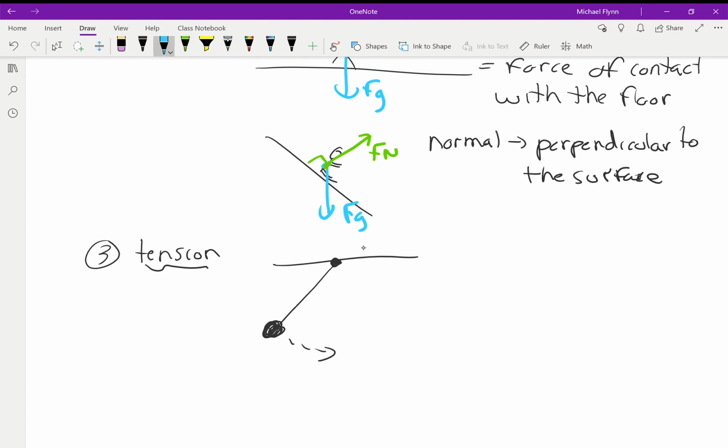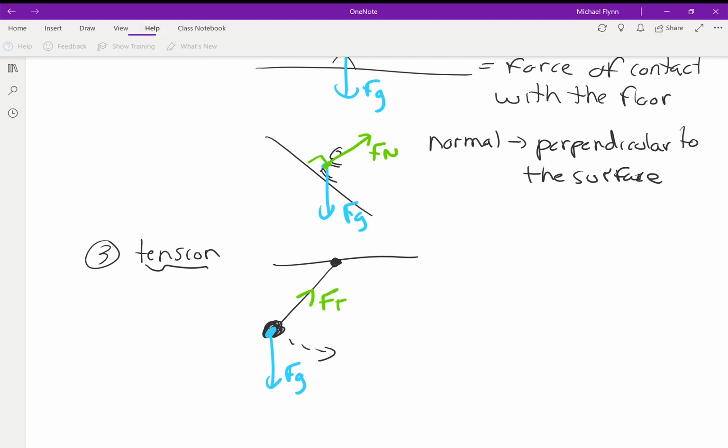Well, one, gravity. But this time, this object is not in contact with the floor, but it is in contact with a rope. And ropes create something called tension, and tension pulls on the object. We call it the force of tension. So let me just define that.